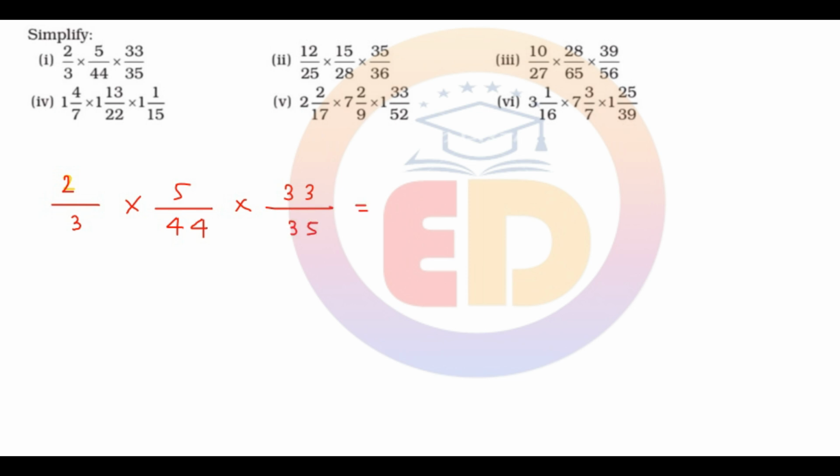Now, when we multiply the fractions, remember, the rule is to multiply the numerators and to multiply the denominators. So it will become 2 multiplied by 5 multiplied by 33. In the denominator, it will become 3 multiplied by 44 multiplied by 35.